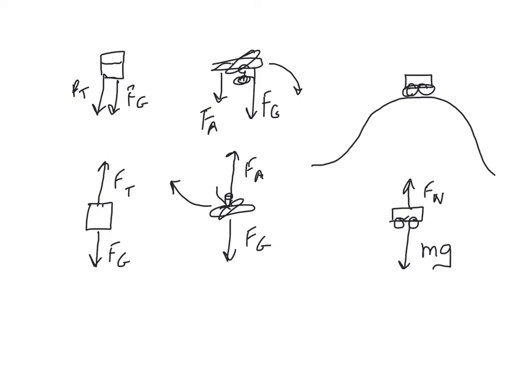If you're going over the hill slowly, the net force is small and the normal force will be almost equal to mg. But the faster you go, the more downward acceleration you need, and the smaller and smaller the normal force gets, until at some speed you're going fast enough that it's only gravity causing you to stay in the circle.